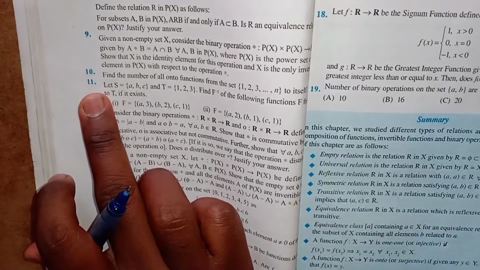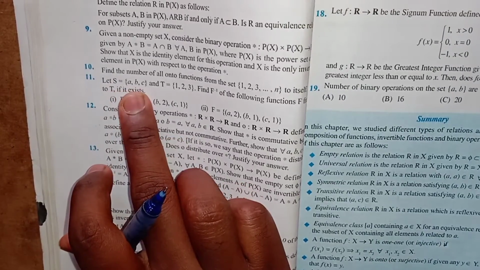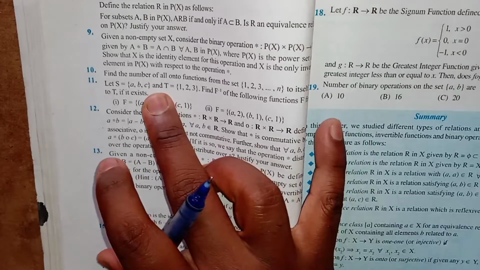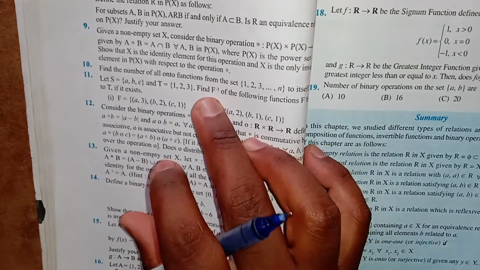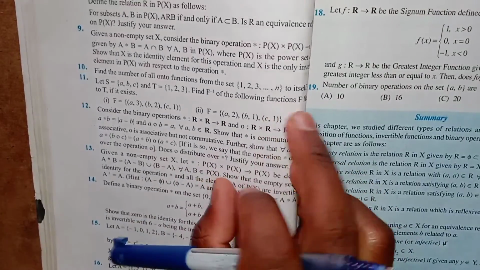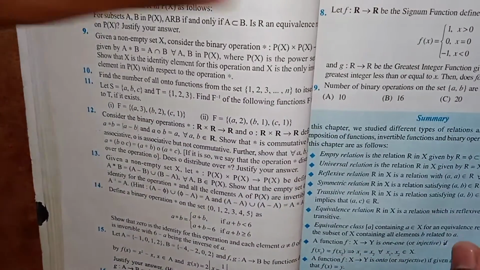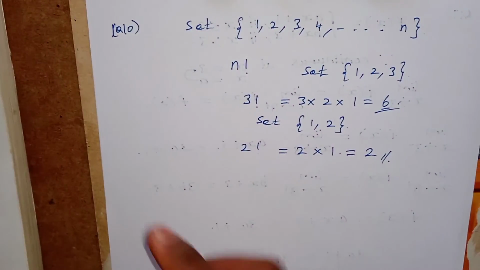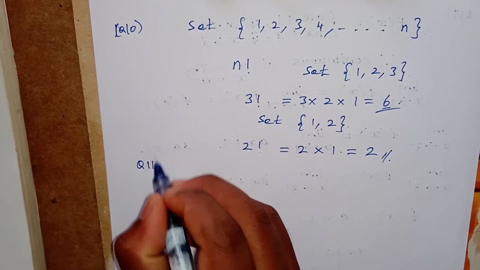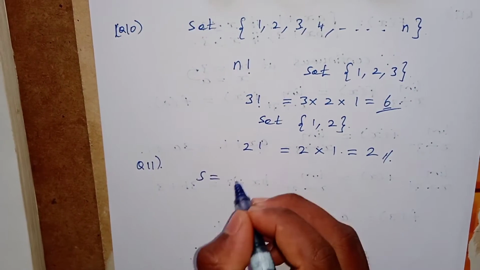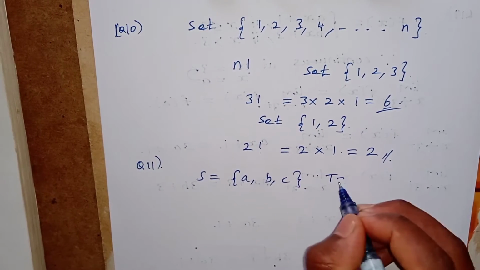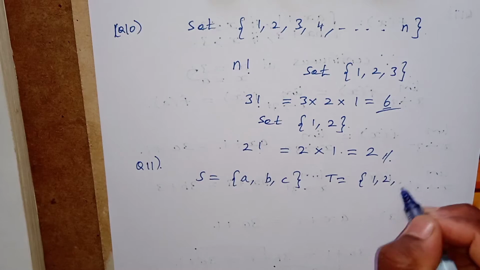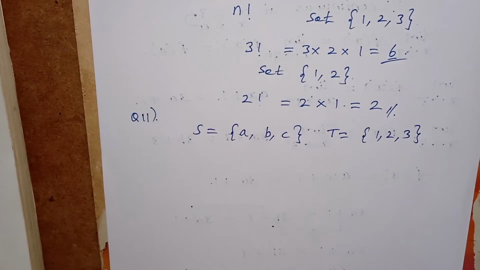Next, question number 11. Let S equal to {a, b, c} and T equal to {1, 2, 3}. Find f inverse of the function f from S to T, if it exists.